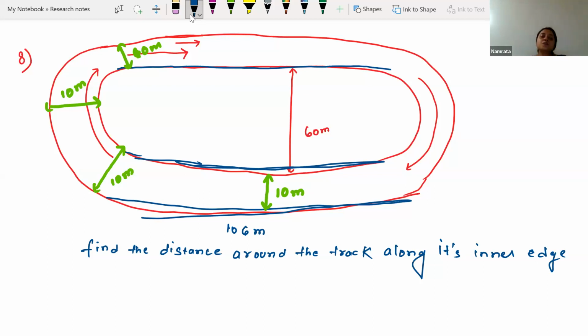That's it. So this is part 1. We have to find the distance around the track along its inner edge.